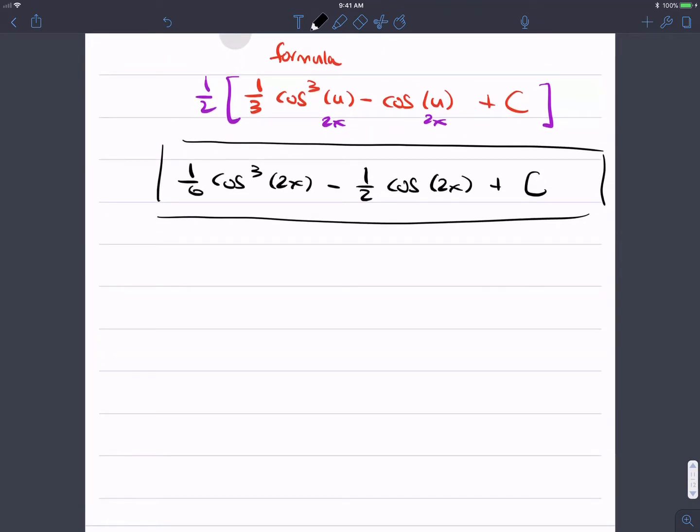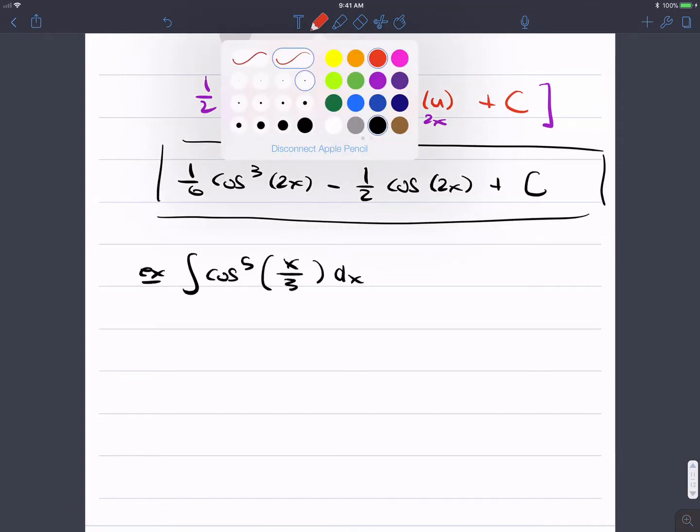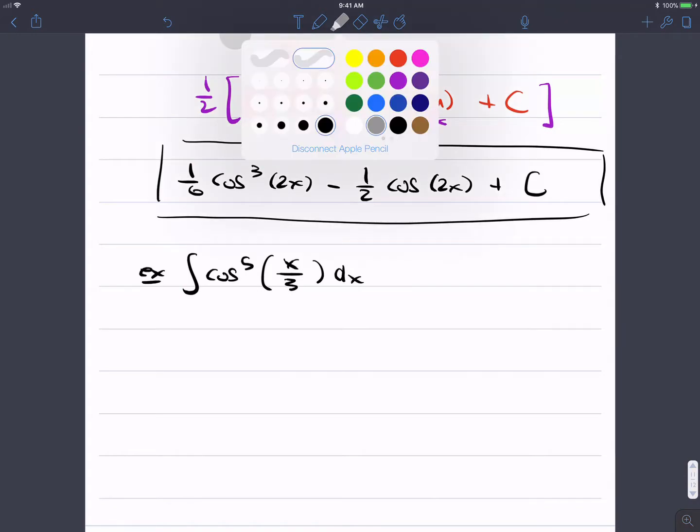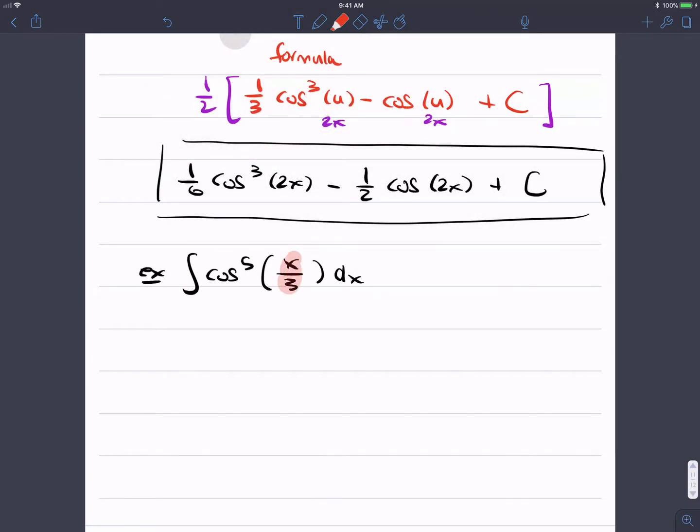If they give you, for example, I think we did this already, cosine to the 5th power of x, and let's just change this. We're going to change it to maybe x over 3 dx. Now, here again, we got x over 3. This is going to be our u. So u is x over 3.